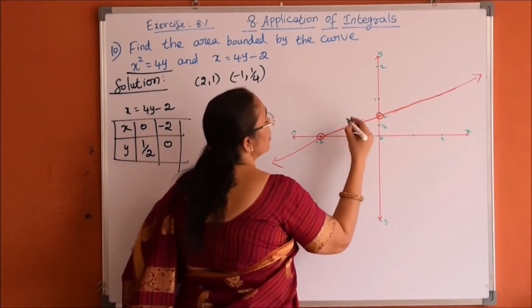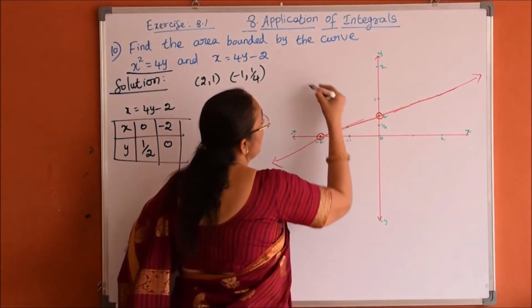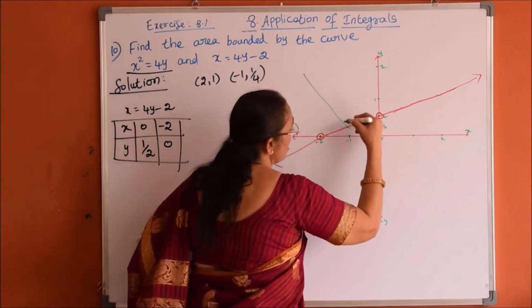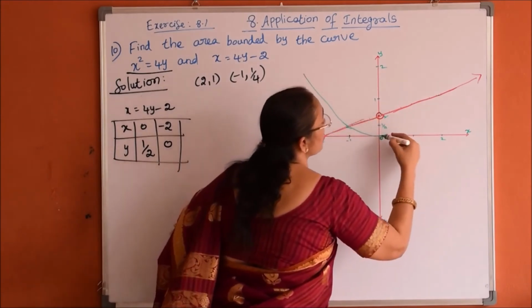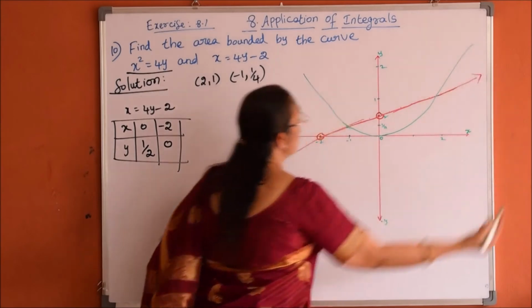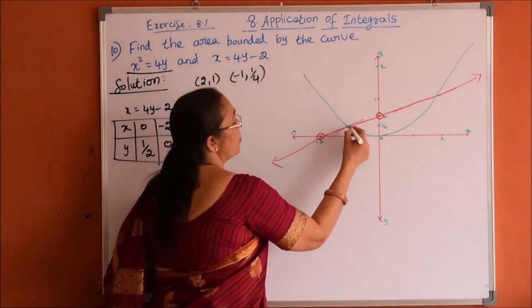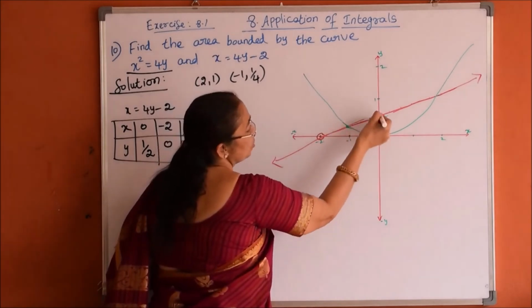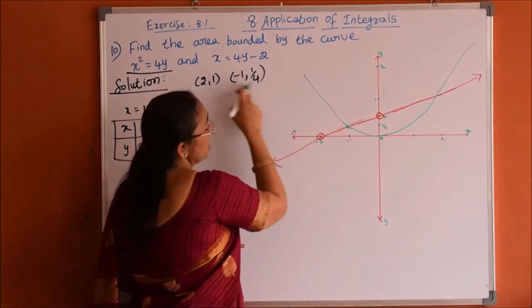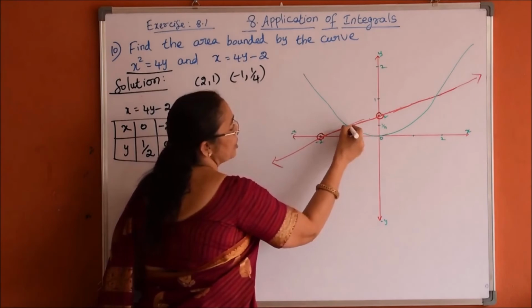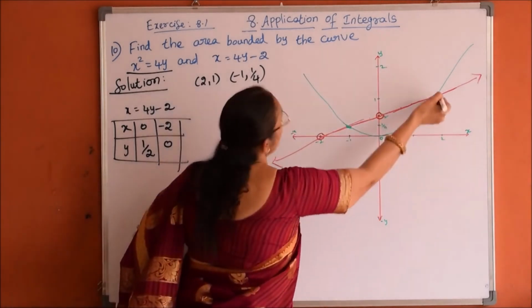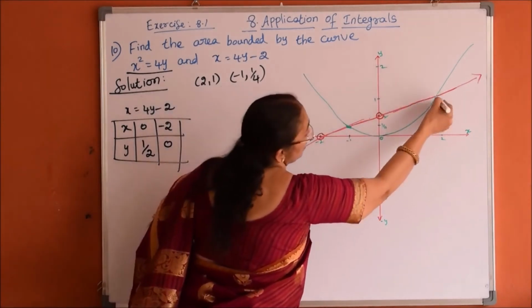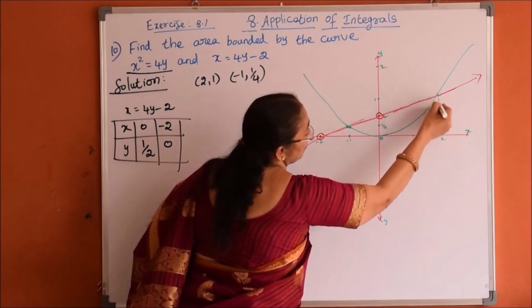So the curve is an upward parabola and it should pass through these 2 points. Fine. So the intersection point here is x is minus 1 and y is 1 by 4, and here x is 2 and y is 1.